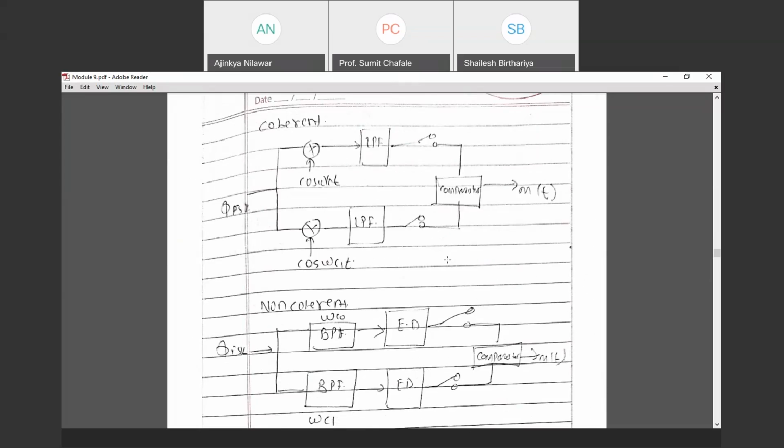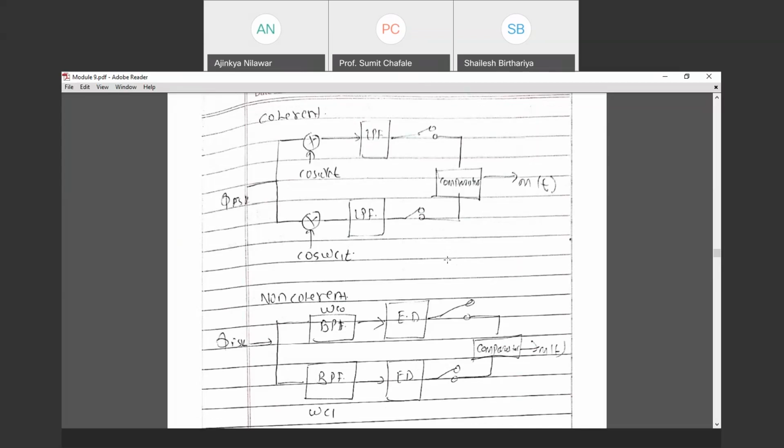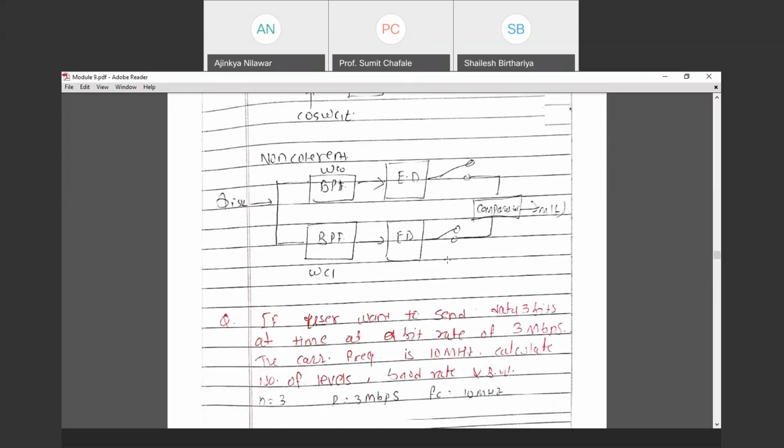That means if we use cos 10 at the transmitter, we use the same cos 10 at the receiver, and then pass the signal through the low pass filter to generate our original signal. In the case of non-coherent, we have an arrangement of a band pass filter plus an envelope detector. As I already mentioned, non-coherent detection is expensive since envelope detection is involved.